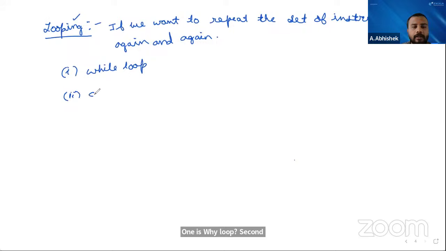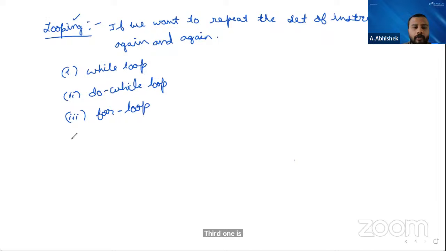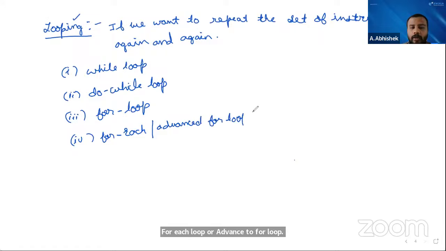Second one is do while loop. Third one is for loop. Fourth one is for each loop, or advanced for loop, or you can call it enhanced for loop.